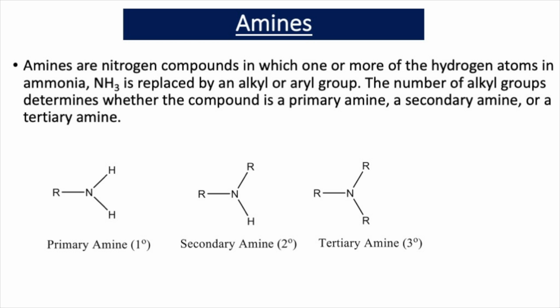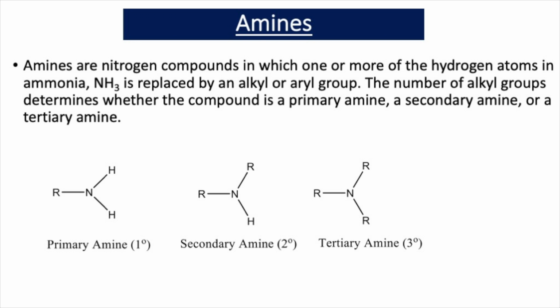Now, in our previous videos on amines, we've learnt that amines are nitrogen compounds in which one or more of the hydrogen atoms in ammonia, NH3, is replaced by alkyl or aryl groups, and the number of alkyl groups determines whether the compound is a primary amine, a secondary amine, or a tertiary amine.